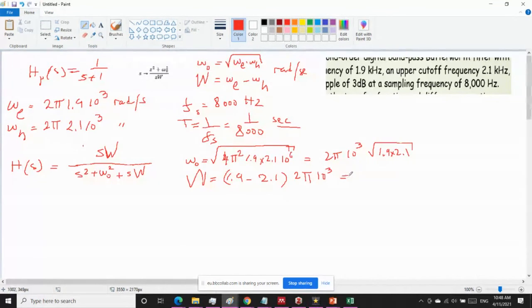Which is minus 0.2 times 2 pi 10 to the power of 3. So minus 0.2 times 2 gives minus 0.4, times 1000 gives 400.